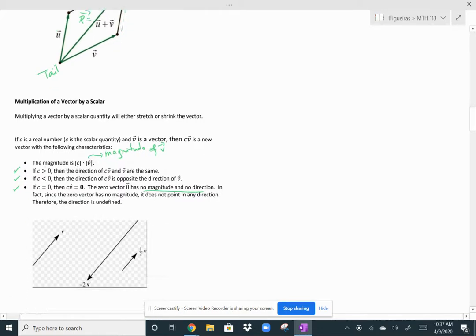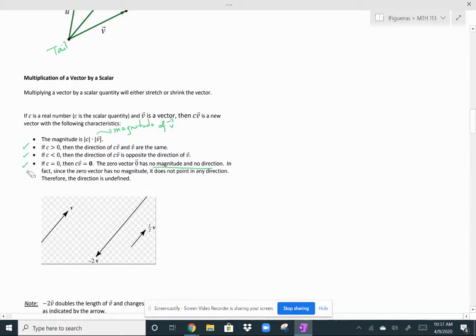So here's kind of a picture of what would happen if we multiplied by a scalar. Suppose this is the original vector v. If you multiply the original vector v by negative 2, it doubles the length of the vector, so this is twice as long as v, but it's also going in the opposite direction.